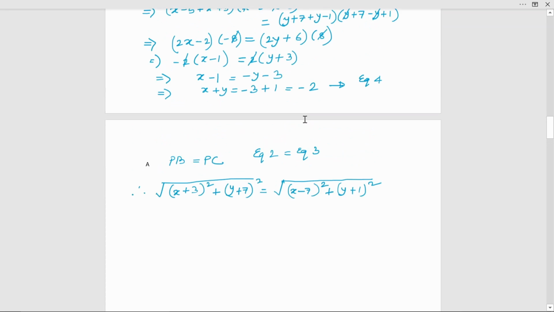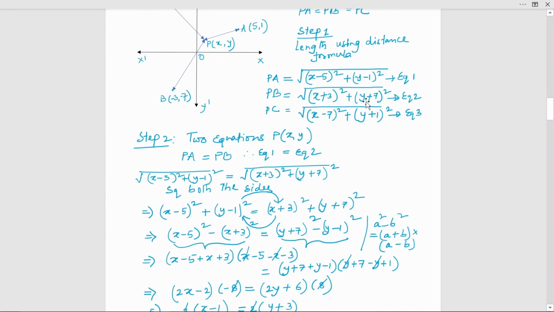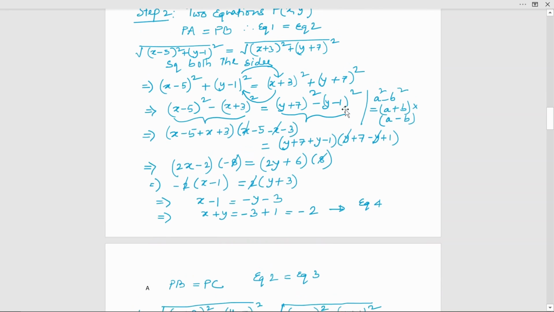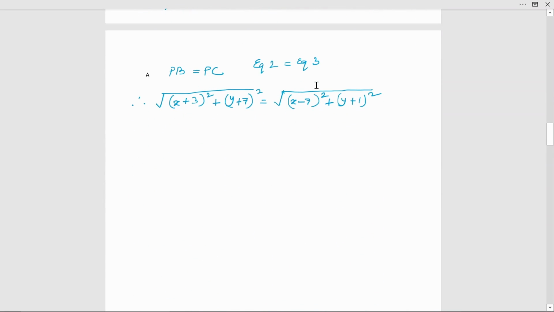So if we go up and see, this is my (x + 3)² + (y + 7)², and this is (x − 7)² + (y + 1)². So again, what we can do is square both sides.